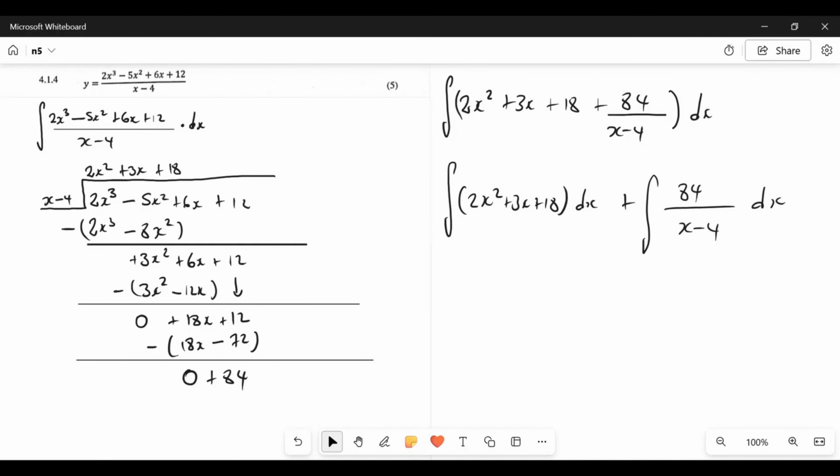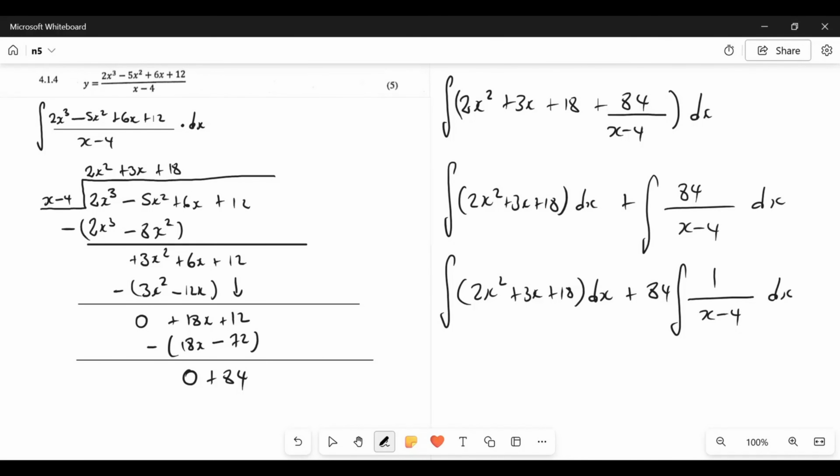Right, so the fractions are separated. Now we can say the integral of 2x squared plus 3x plus 18 dx. Now we can take out this 84. Let's say 84 times the integral of 1 over x minus 4 dx.